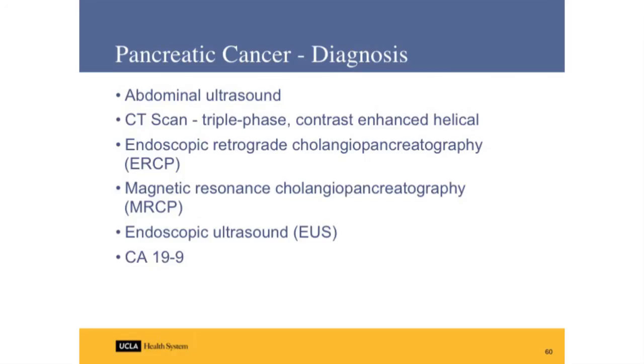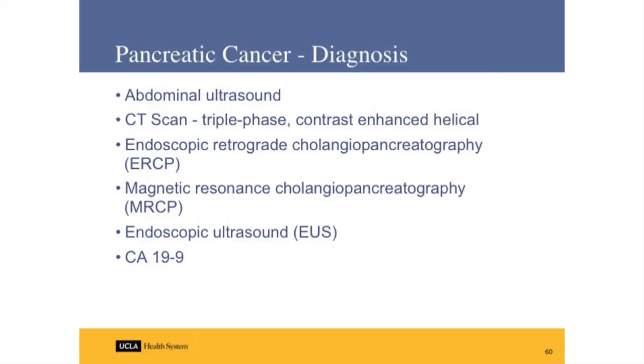The diagnosis can be made by abdominal ultrasound, which is highly sensitive for detecting bile duct dilatation, which you can get with pancreatic cancer. And oftentimes an ultrasound may show a pancreatic mass.